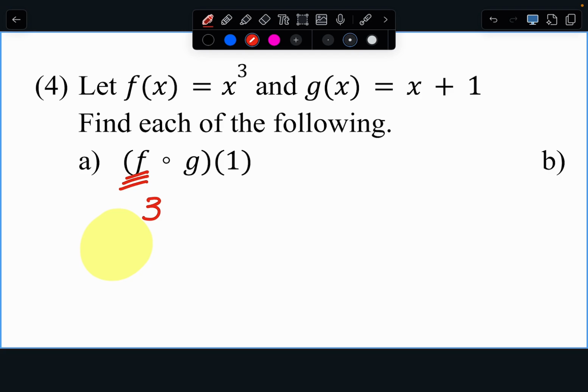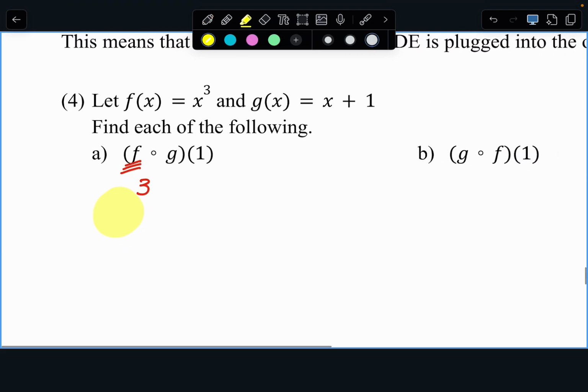That is the function f. Are we okay with that so far? Then we have the function f to the third, but what's going inside is the function g into each of those highlighted pieces.